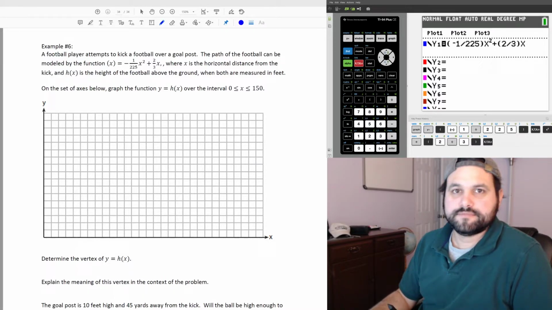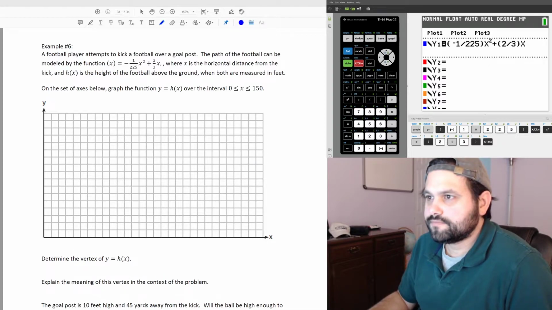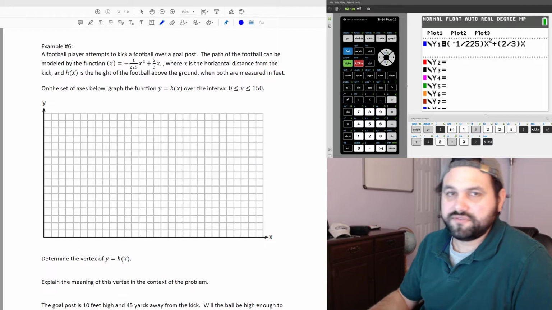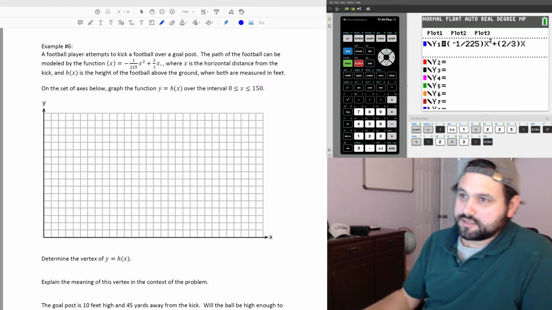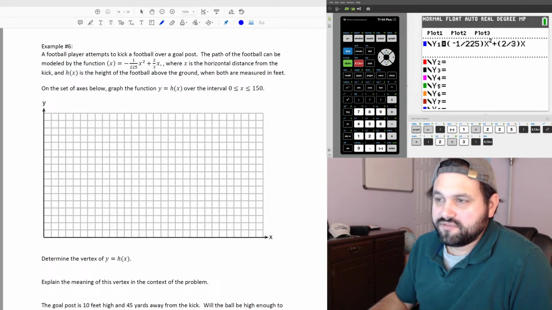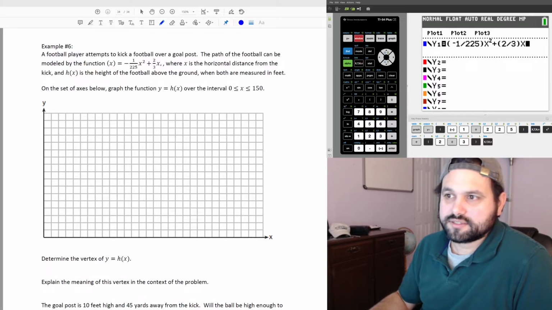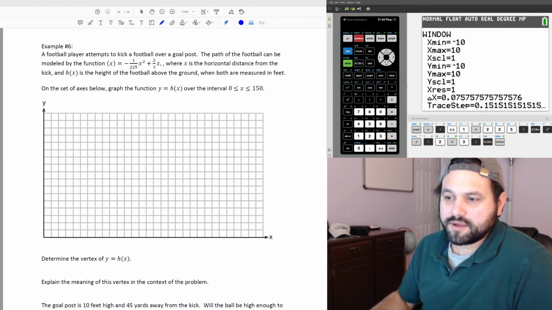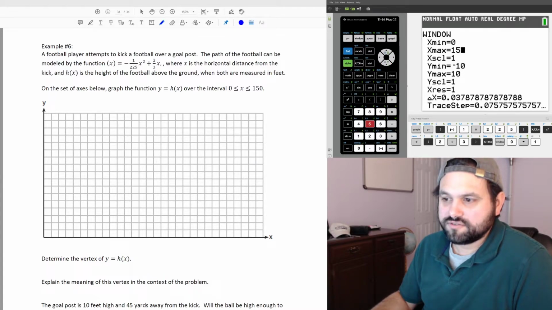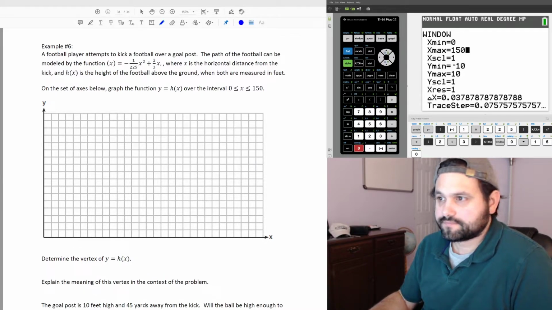All right, there we go. Now, it does say on an interval from 0 to 150. So even before going to the graph, I can set my window and make my x minimum 0 and my x maximum 150. And let's just hit graph from here.